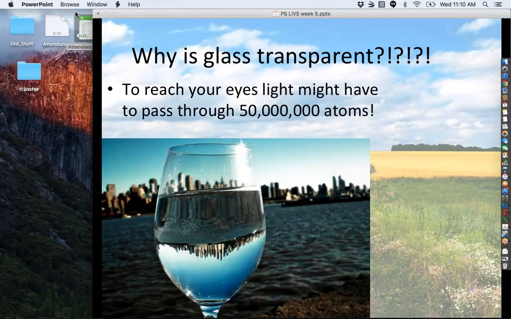Even if it's very thin glass, it would be 50 million atoms just to get to your eye. How is it that light from, say, outside your window, bouncing off of your fence or the trees or whatever else, is shining into your eyes? How could it pass through 50,000 atoms?